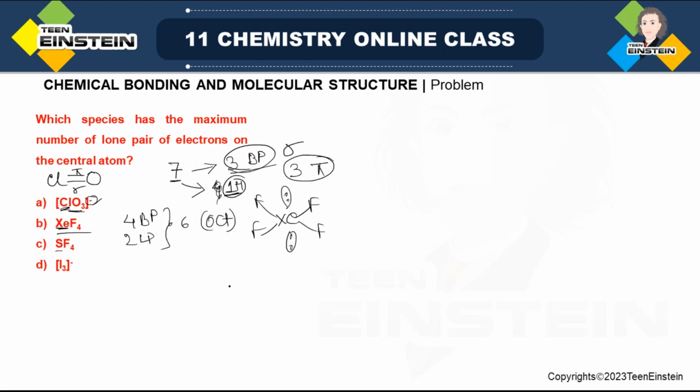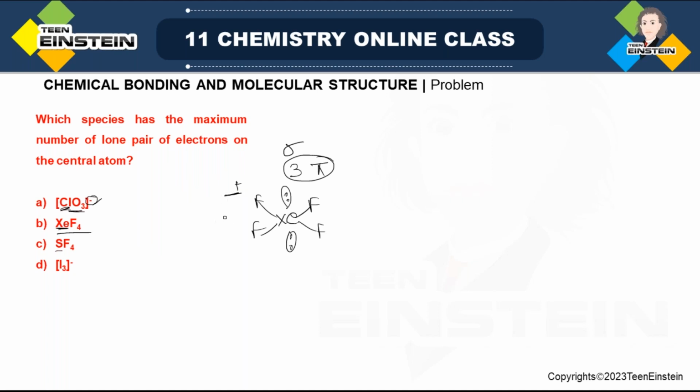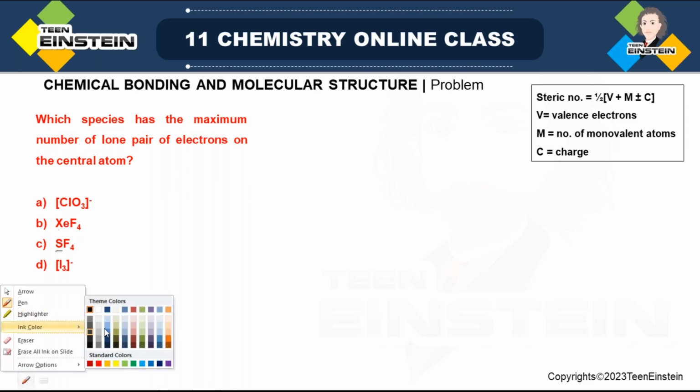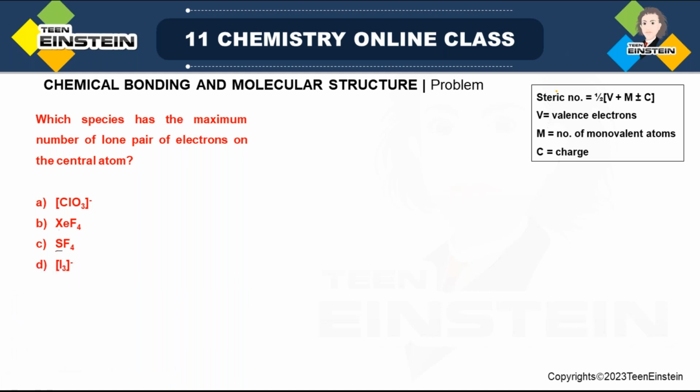So this is one way you can do it, or if you want to follow a formula, that is also there. What we do in this formula is try to find out the steric number. The steric number is nothing but how many positions are there.